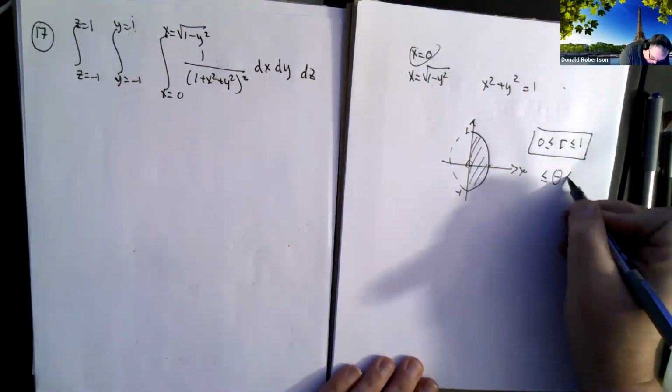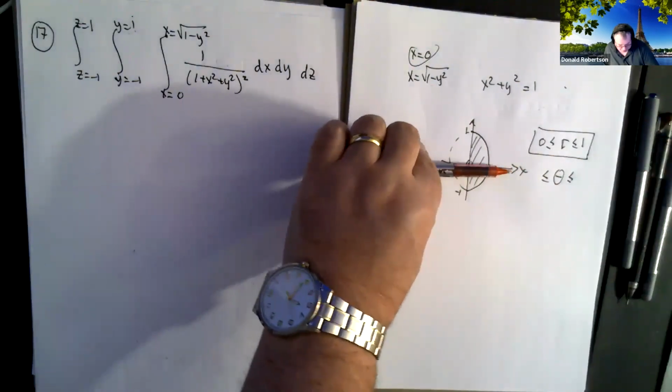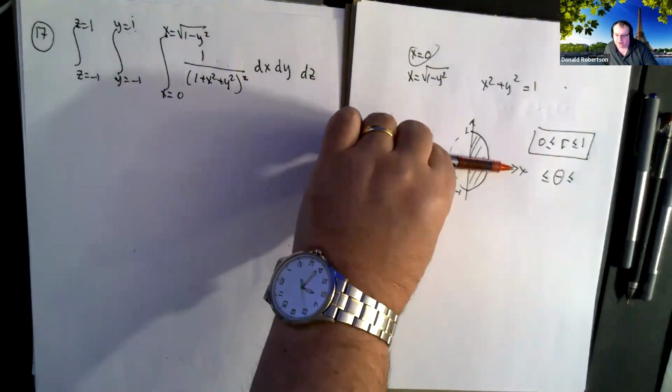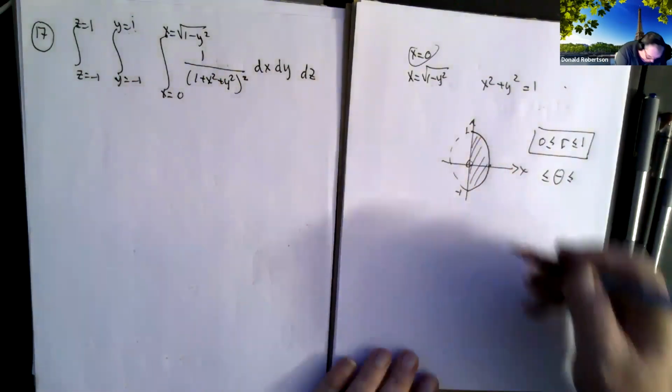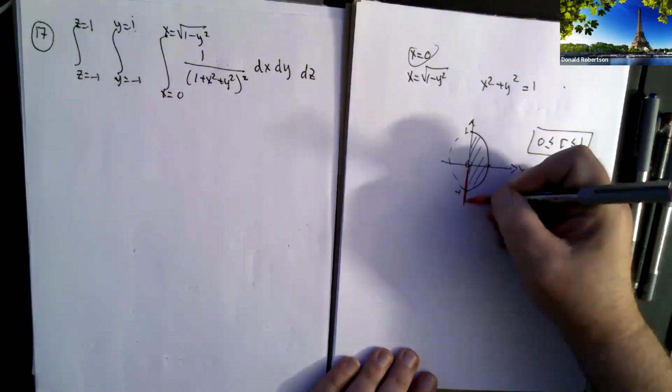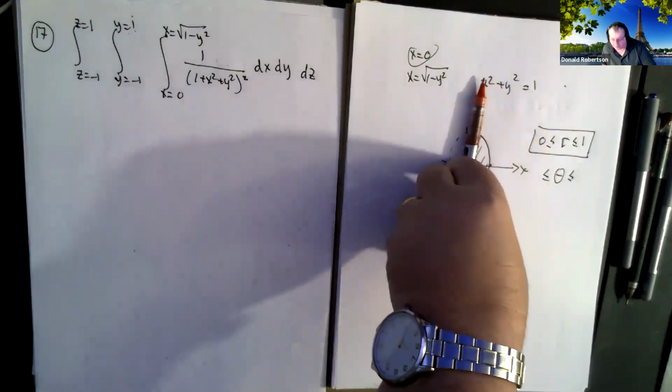Theta is a bit of a pain. You normally would do a curve starting at theta 0 and curving this way. But in this question, you have to start down here and then curve to there.